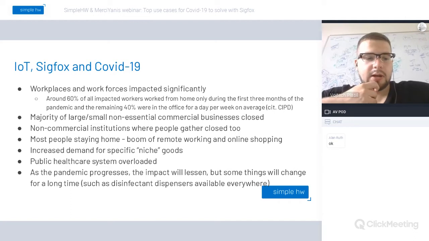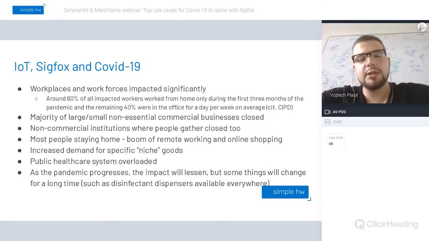Most people, of course, stayed home, which meant, again, a lot of changes. For example, usage of social networks and online services in general went up significantly. Remote working started to take place in most places in the world.